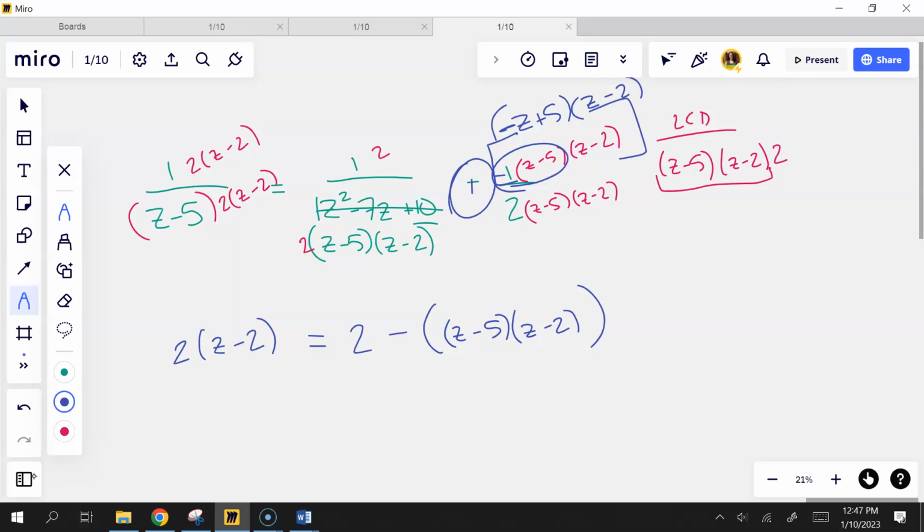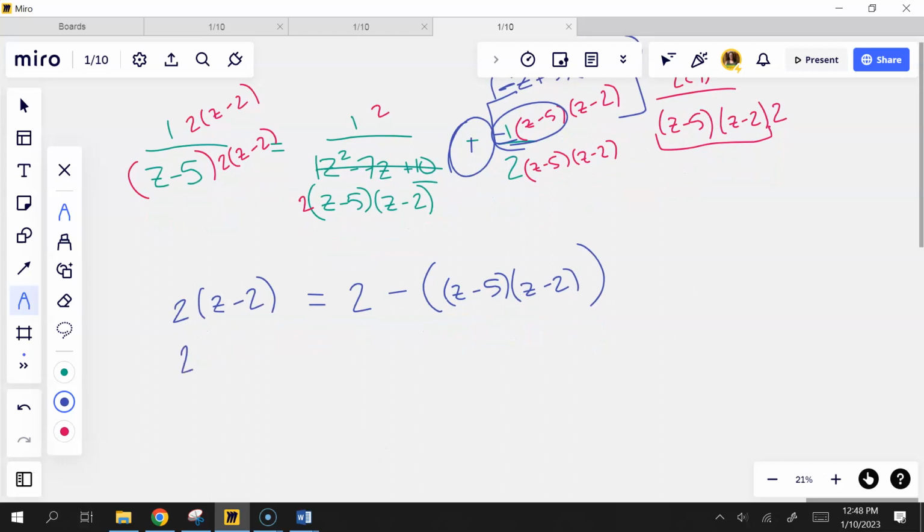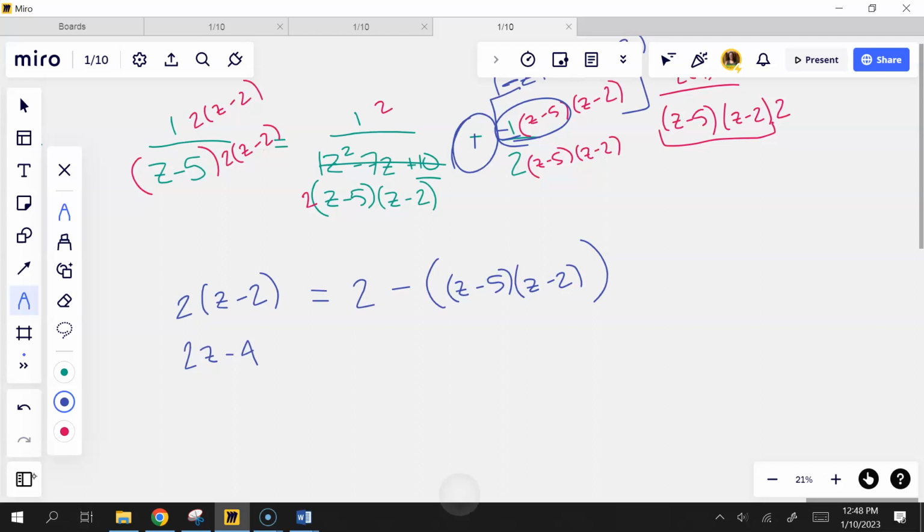You don't have to. Whatever way is easiest for you. All right, 2z minus 4. The -1 sign between the two changes all the signs.